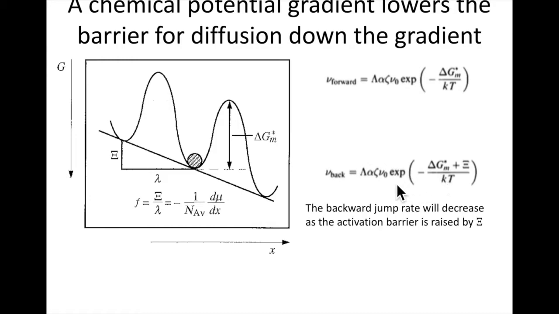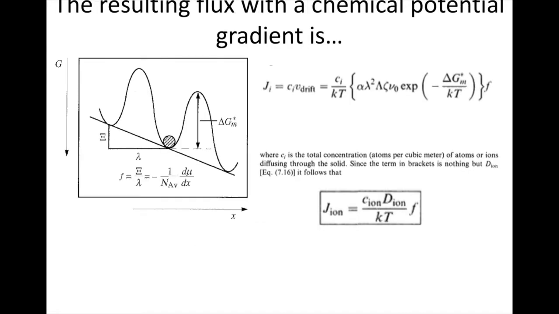And then the back direction, because we have that added difference, we've increased it by this term here. So that means that the jump rate in the backward direction is going to be decreased because that activation barrier has been increased.